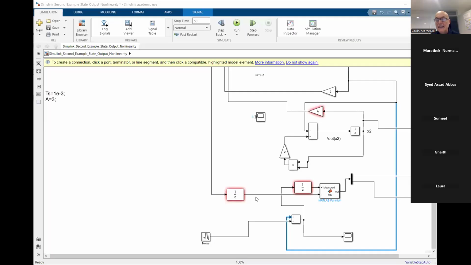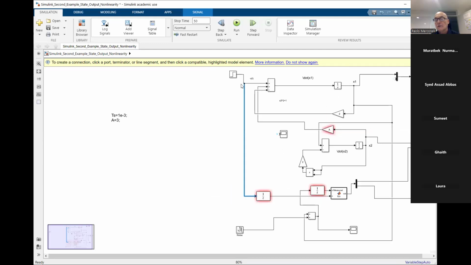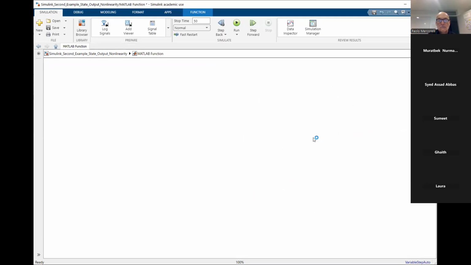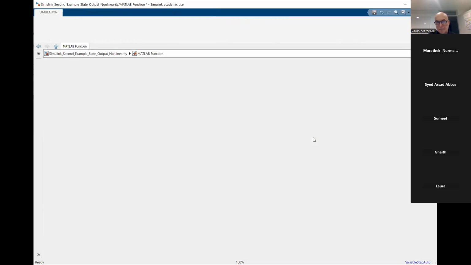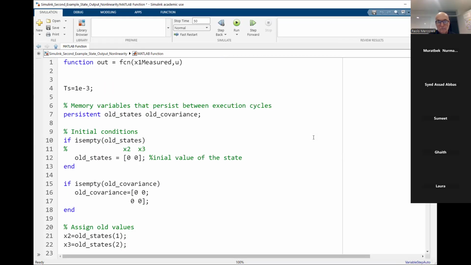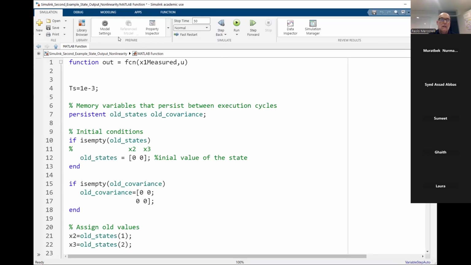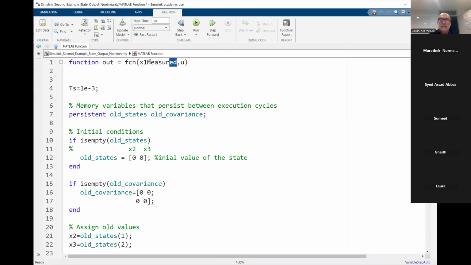If you go inside, here again we delay by TS because this is the input U. The input U here is just a constant, but of course, in the real case, it is the output of the controller. Look, in the arguments of this function we have x1 measured, delayed, and u measured, delayed.